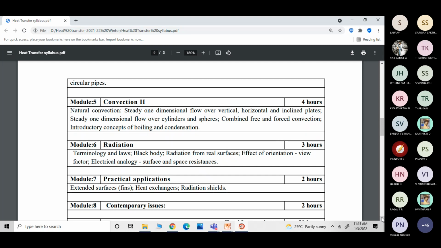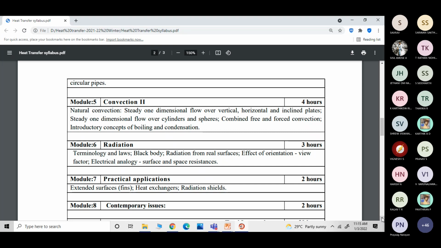That's why the heat transfer subject is very, very important. Without the basic knowledge of conduction, convection, radiation, you will not be able to design heat exchangers or work in power plants.